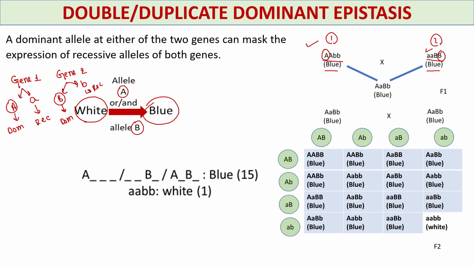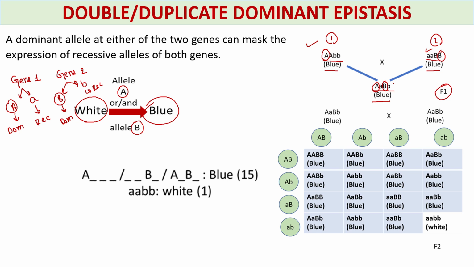Therefore, it is called double or duplicate dominant epistasis because the dominant allele of a gene duplicates the same action of the dominant allele of a second gene and vice versa. When these two parents are crossed, their offspring in F1 generation will have genotype capital A, capital B, small b. They are also blue because they have both capital A and capital B alleles.